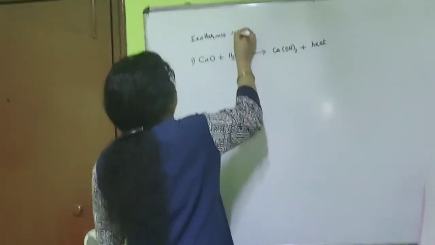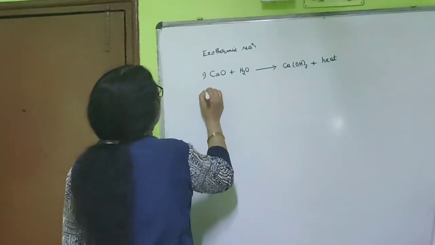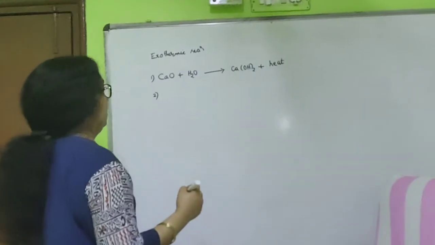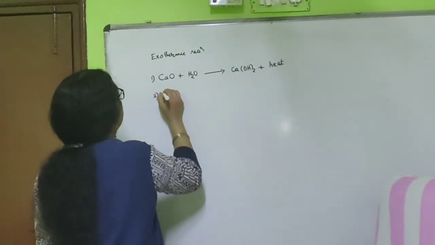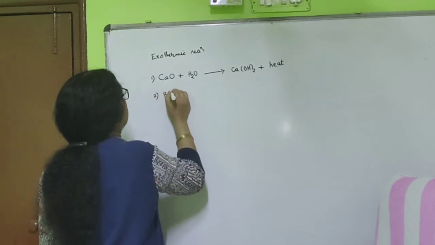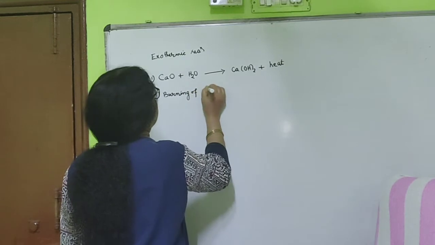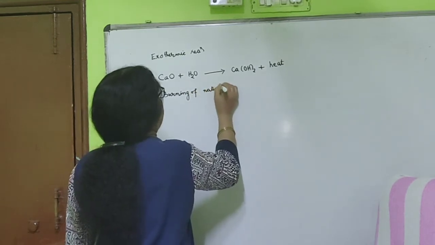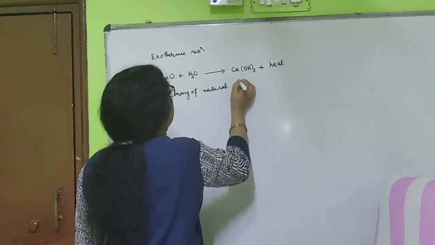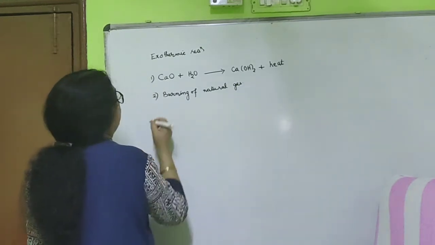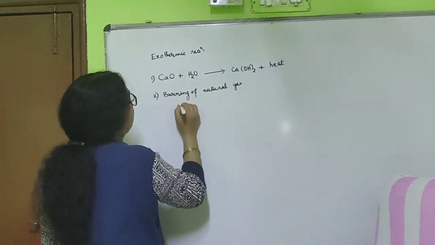So this is the first example of exothermic reactions. Second one, which one? Burning of natural gas. What is the main component of natural gas?